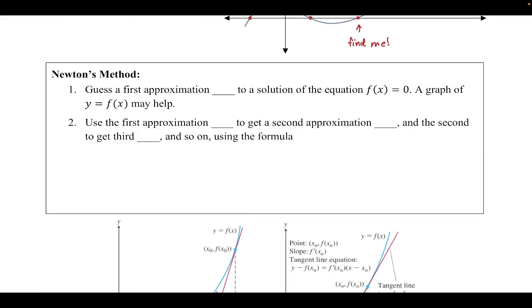You're going to start by guessing a first approximation, which we will just denote with x sub 0 or x naught. So you approximate a solution to the equation f of x equal to 0. And it might be useful to have a graph here just to have a quick reference.